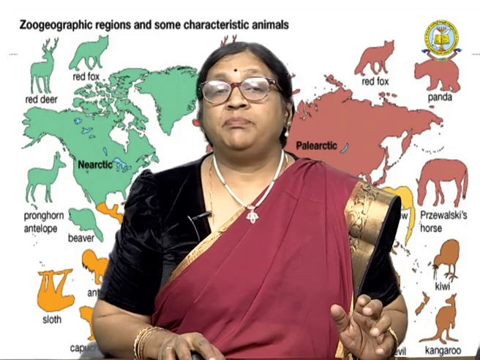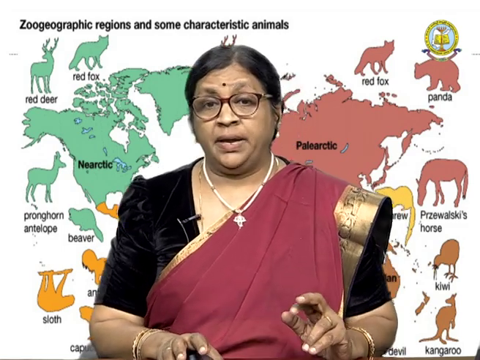Besides this, we find pigeons with kingfishers, and then we find woodpeckers, storks, characteristic birds in this region. Among the mammals, we find armadillos, sloth bears, anteaters, and hyena, very prominent.